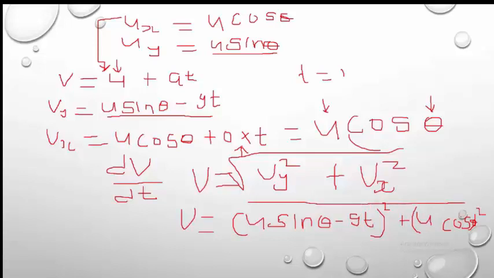Then you can find the square root. So then we can still find the direction as well. We can find the direction, which will be tan theta, which will be equal to vy over vx, and that can be derived from the former equation.